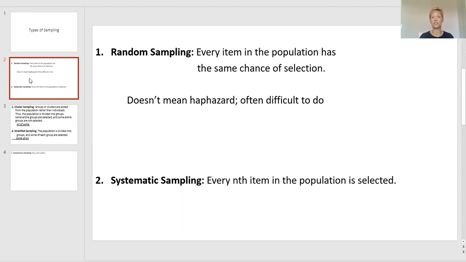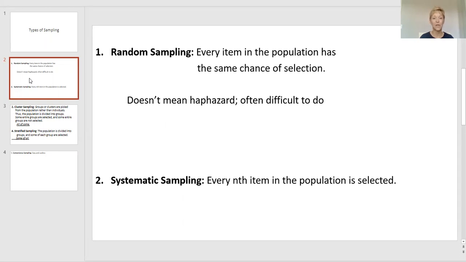So he or she has no chance of being contacted. So you do not have a true random study. Do you see what I mean by it's harder than it sounds? Every item in the population must have exactly the same chance of being selected for it to be random. So it's a great way of sampling. It's just often difficult to do.